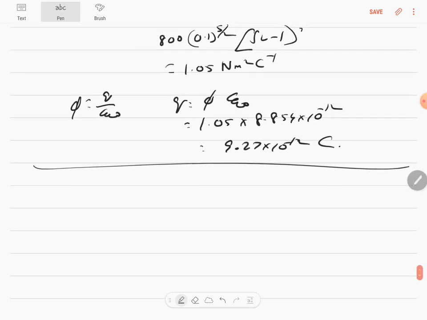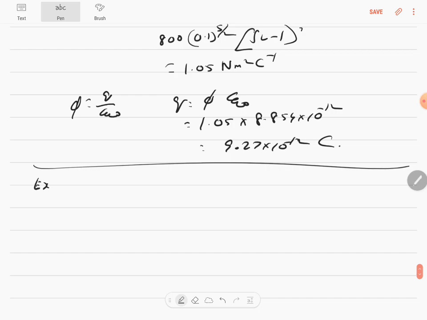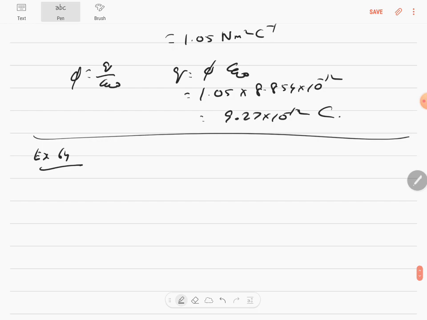Next, let's go to example 64. The electric field is uniform and in positive x direction. Okay, so they've given that its electric field is in positive x direction, and with the same magnitude in the negative x direction for negative x.